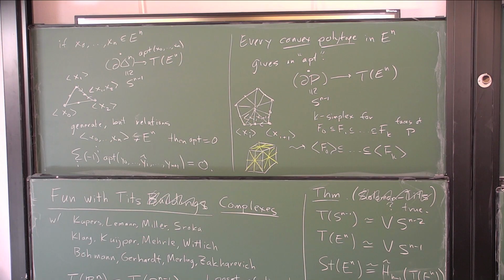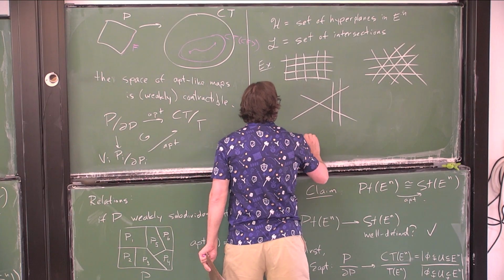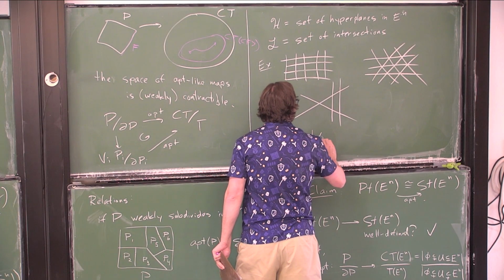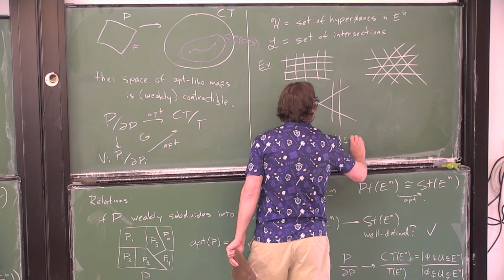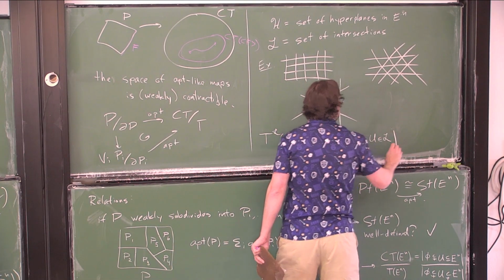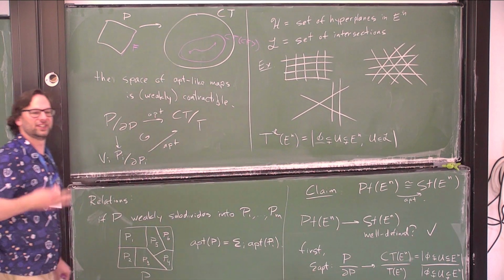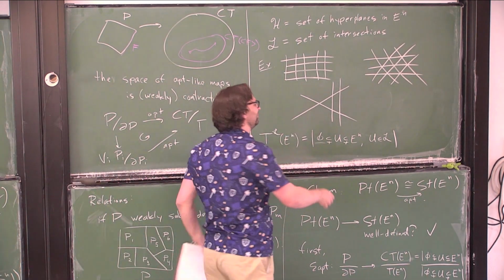Okay, then I can adapt the two definitions that we've already seen. So I can let T_L of E^n be the realization of the same poset as before, so subspaces of E^n, but the subspace has to be in L. And so I'm restricting my Tits complex, and I'm only considering the subspaces that show up here.